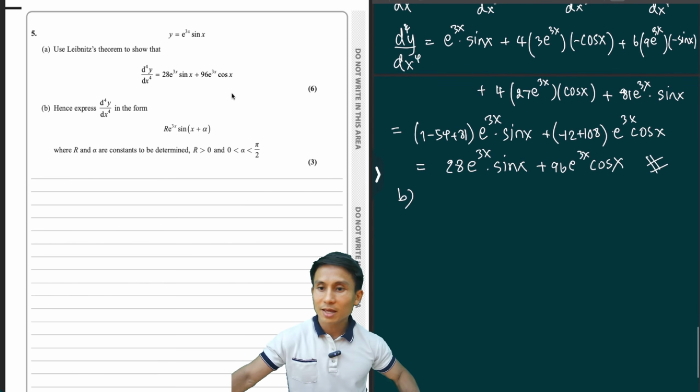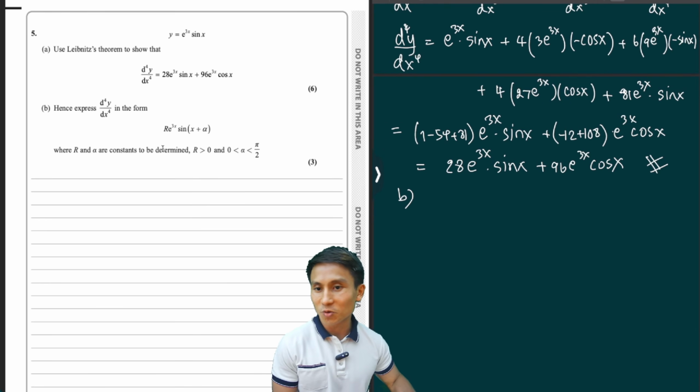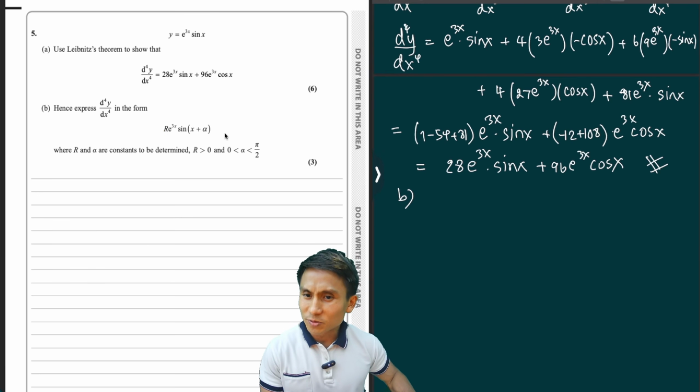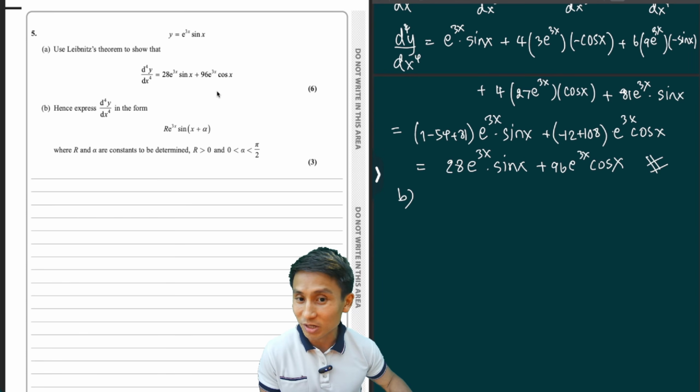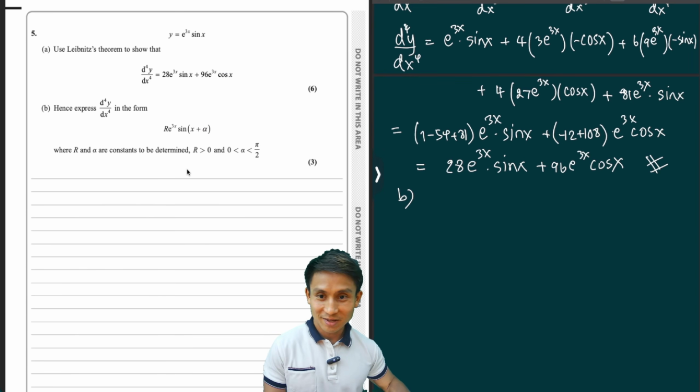Part b. Hence express d to the 4y by dx to the 4 in the form of that. Right, so we're just going to convert that into this. And that looks like a harmonic form, guys. That's pure math, right?